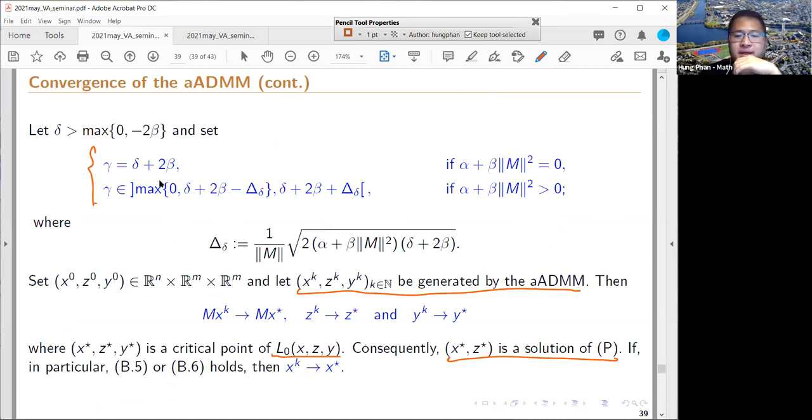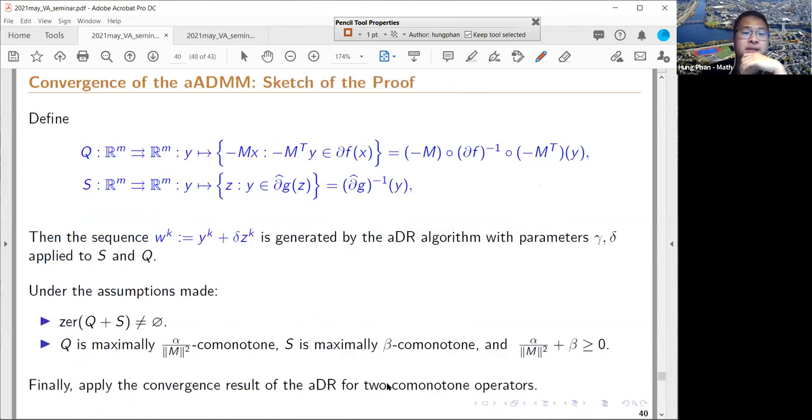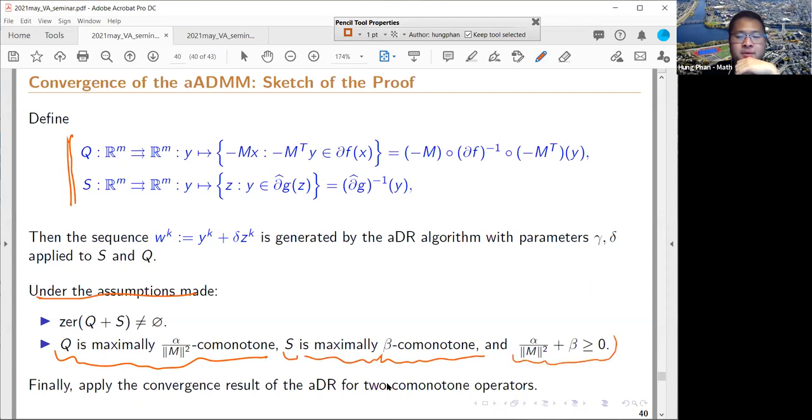The idea of the proof is that we define two new operators, as has been observed for the classical ADMM. For our work, it turns out that under the assumptions made, the operator Q is maximally co-monotone, strongly monotone, and the operator S is maximally beta-co-monotone, satisfying that the sum of the two parameters is greater than 0.